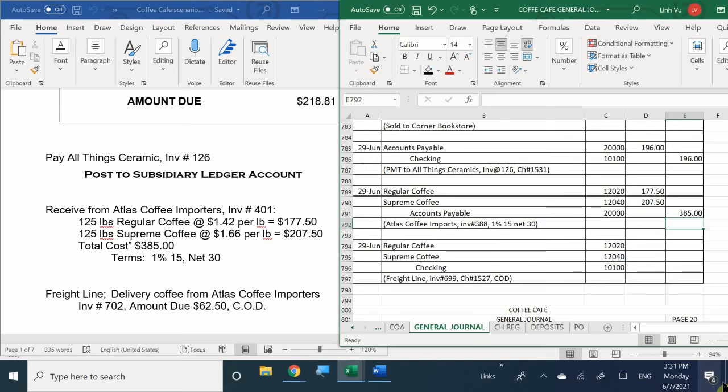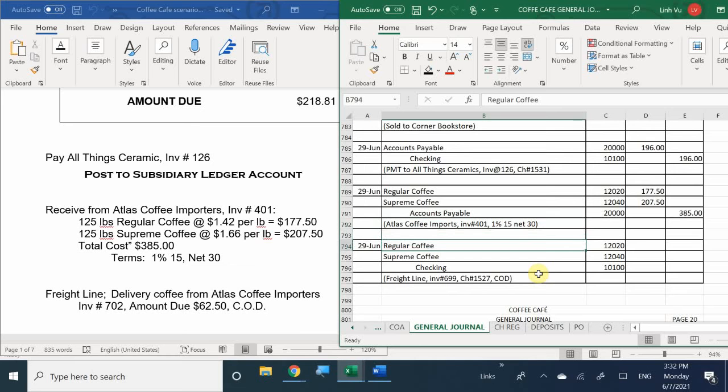Seeing we've been through this before, is it alright if I go ahead and do our delivery as well? Yep, that's fine. Let's update the information first. The description: Alias Coffee Imports invoice 401, 1/15, net 30. Good.